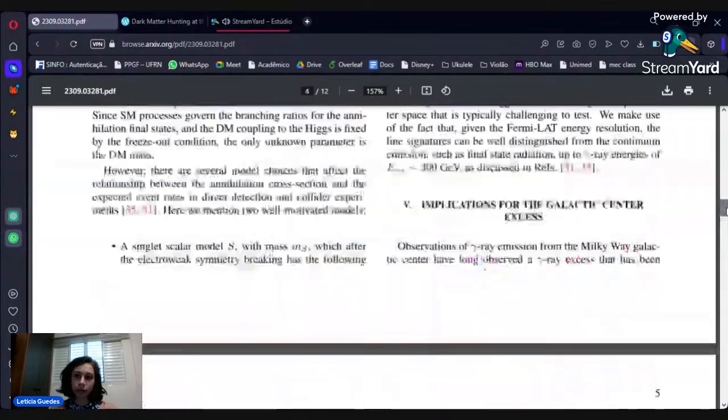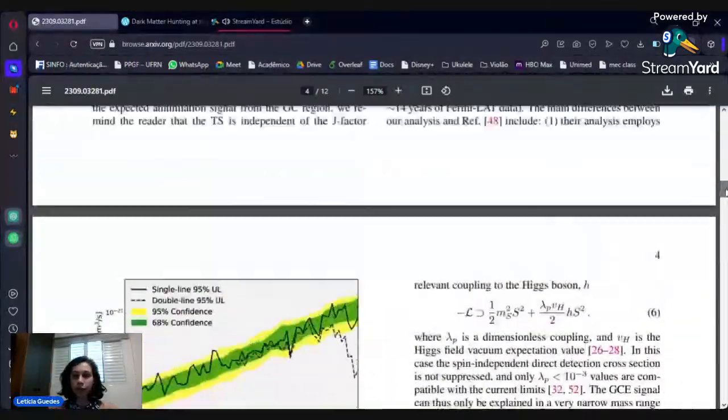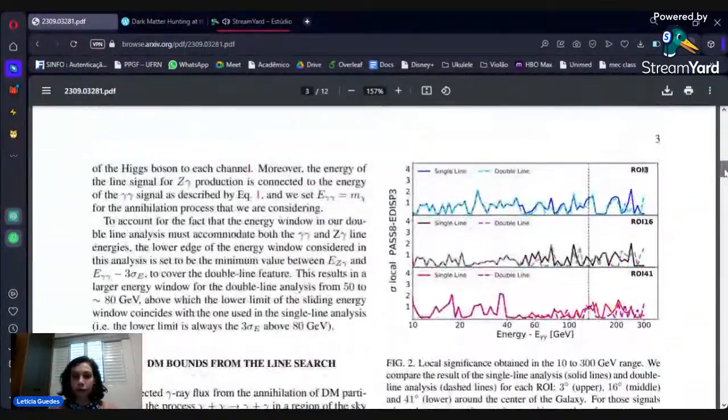But with the 15-year data, they didn't find anything. This graph here shows the significance versus the energy. To be a significant signal, it needed to reach 5 sigma. So none of the signals reach 5 sigma in any region.